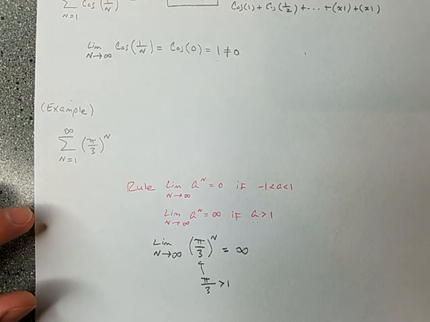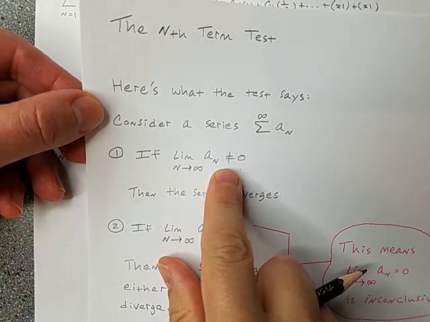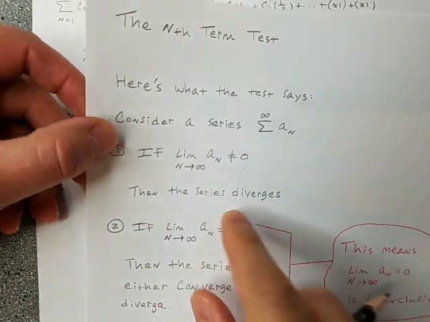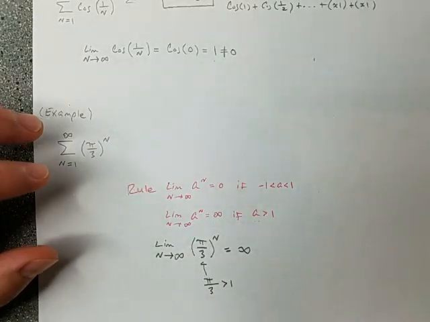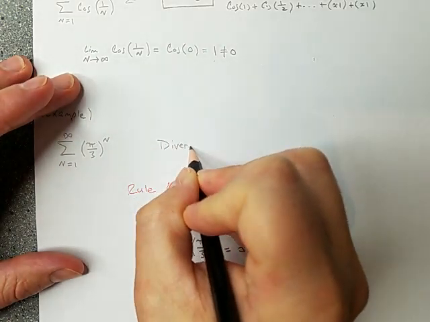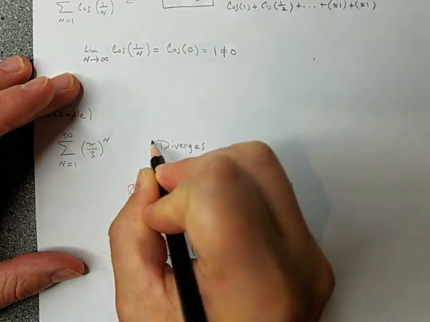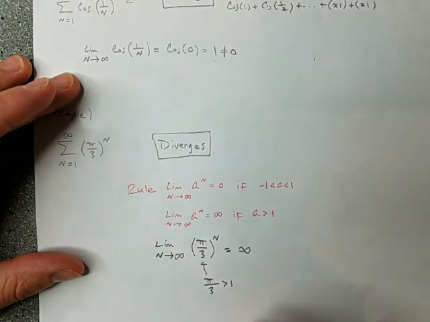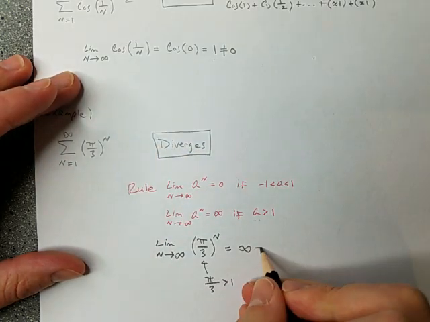All right? But what did the test say? The test said if this limit is not 0, it's conclusive that the series diverges. All right. So we'll say this one diverges all because of that, the fact that this was not 0.